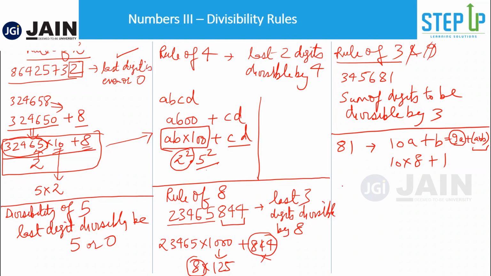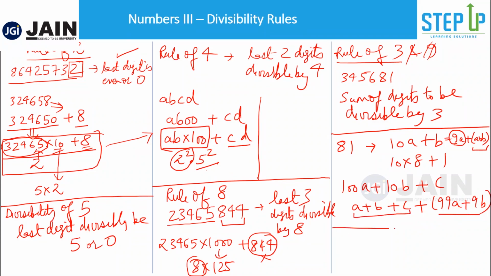Similarly, if you have a 3-digit number, like 100a plus 10b plus c, you can separate it out as a plus b plus c, and what remains is 99a plus 9b. That means even if it's a 3-digit number, this part would always be divisible by 3 or 9. All you have to check is the sum of digits.